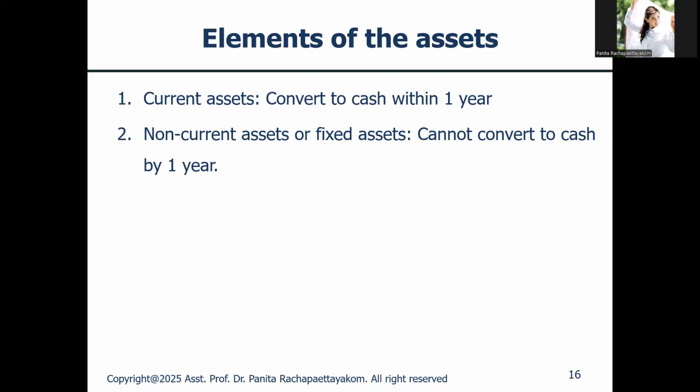On the opposite side, any asset that you cannot convert into cash within 1 year, such as factory, land, or building, we categorize as a non-current asset or fixed asset.